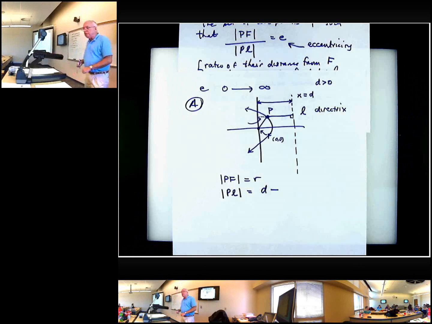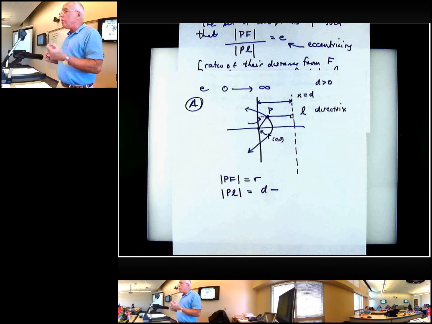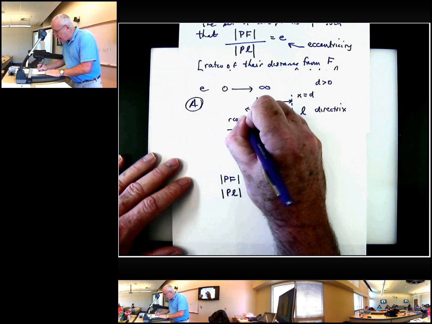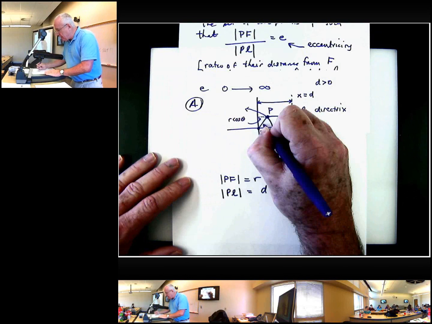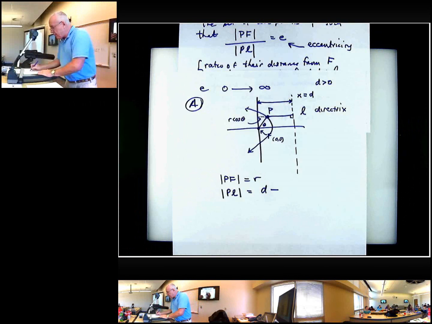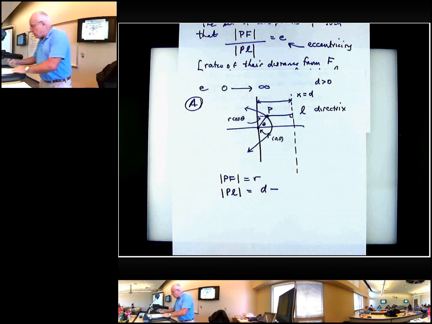Now the distance right there is basically the x-coordinate of that point P, so that distance is going to be r times the cosine of theta, where theta is this angle right there. So I'm taking away that distance from the y-axis to the point, which is r times the cosine of theta.